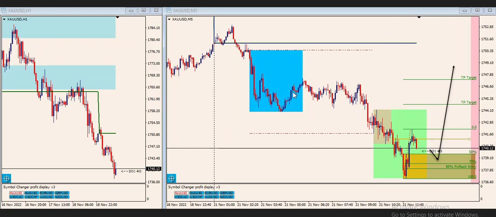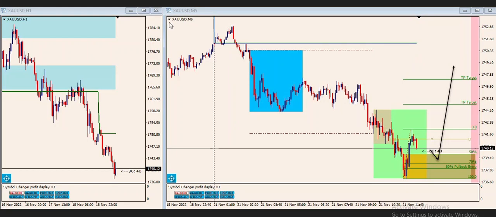So the rule is price must be below daily and weekly open, and the New York session will start below the weekly and daily open for me to buy. Then price will be above the weekly and daily open line, and the London session should open above the weekly and daily open line before I will sell.